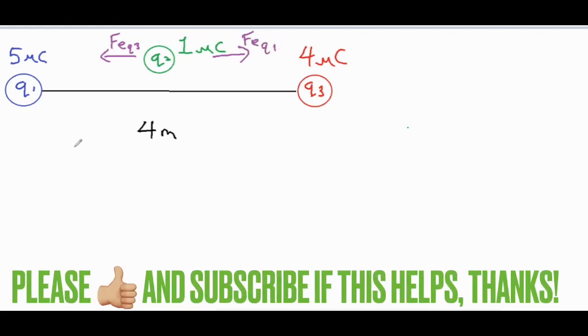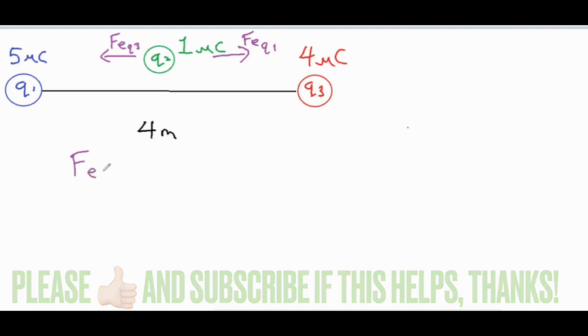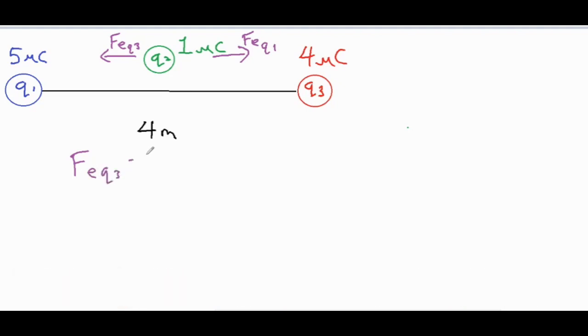So we know that if we take the electric force from Q3 minus the electric force from Q1, that must equal 0 newtons in order for it to all balance out and for the object to stay at rest. So if you add this force to both sides, you're basically saying that these two are equal to one another.